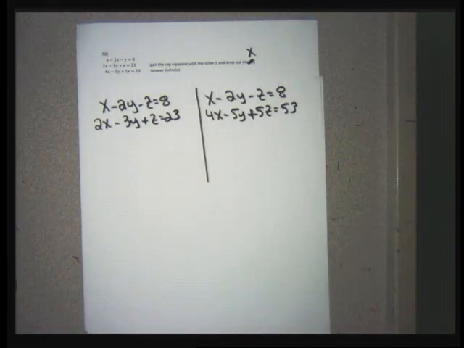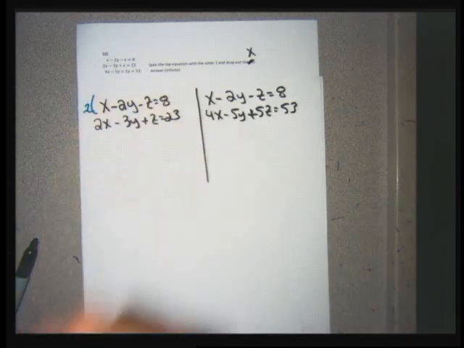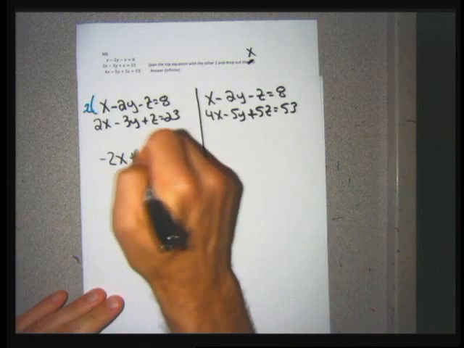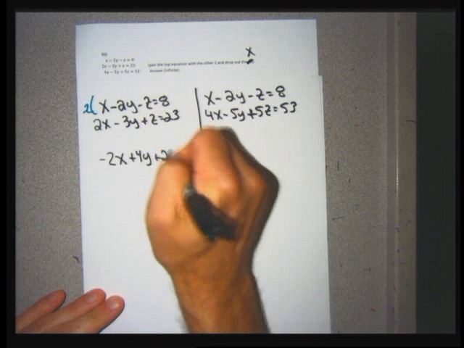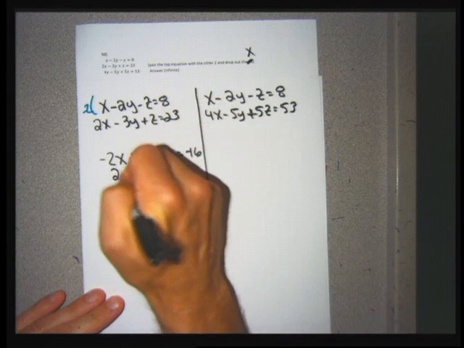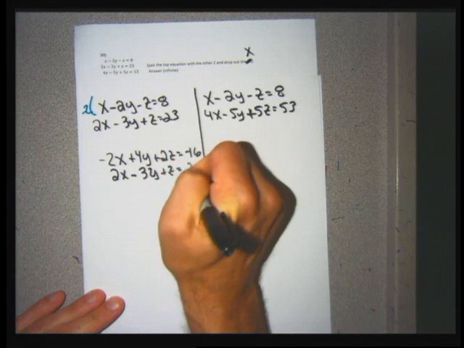Anyways, I'm going to drop out the x's. I'm going to multiply this one by negative 2, and I'll get negative 2x plus 4y plus 2z equals negative 16 on top of 2x minus 3y plus z equals 23.